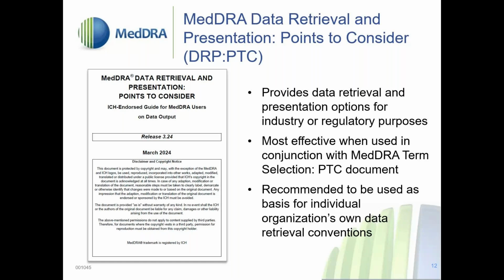And it's very important that it should be used in conjunction with the PTC document for MedDRA term selection, because only if your data is coded accurately and consistently, you will have a reliable basis for your data retrieval, presentation, and analysis. We also recommend this document to be used as a basis for your internal processes for data retrieval and analysis. And if you already have one, your document should not be in conflict with what is outlined in this PTC document.